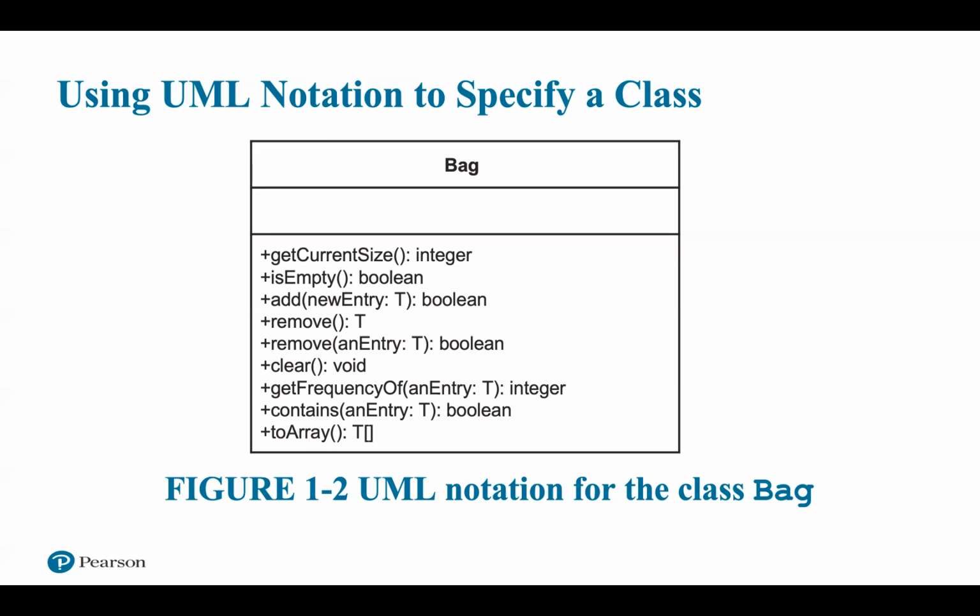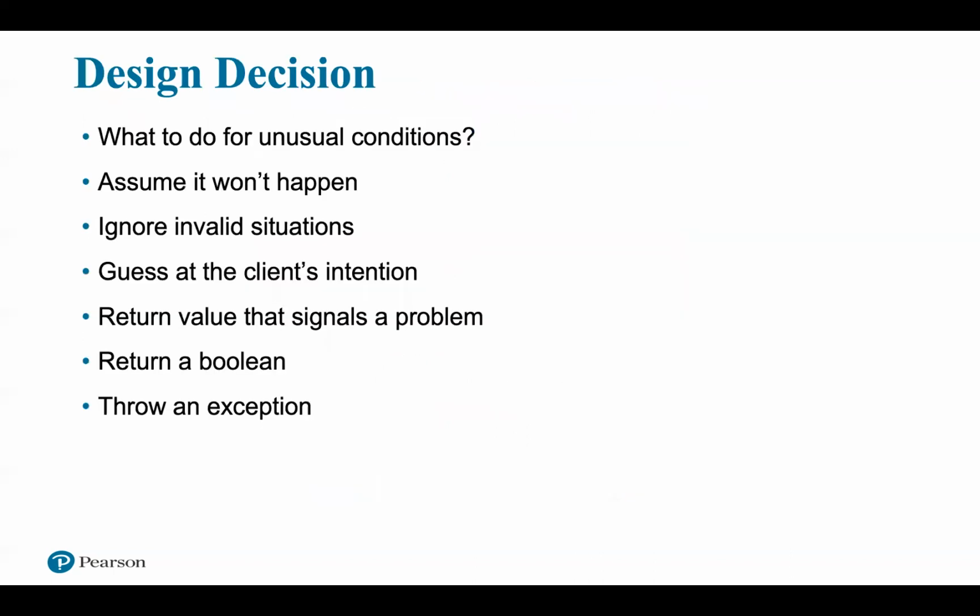Because we can detect when a bag is empty by seeing whether getCurrentSize returns 0, the operation isEmpty is not really needed. However, it is a so-called convenience method, and many collections provide such an operation. These all have plus signs, and that means that they're public. That's something we'll get back to in the future as we go along.